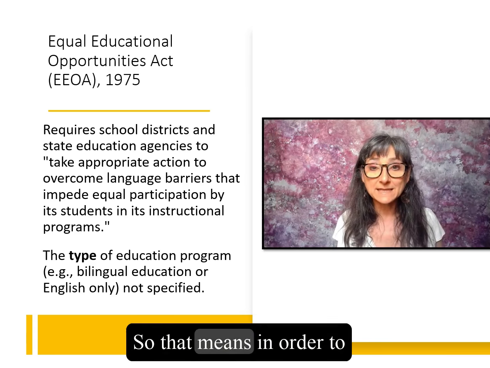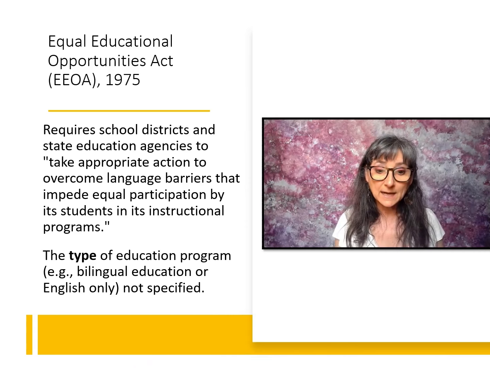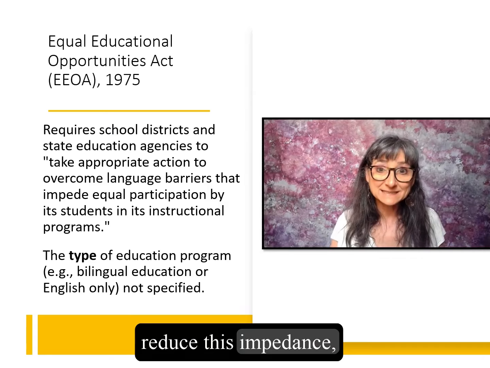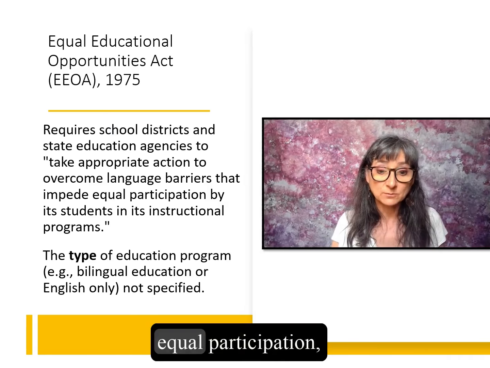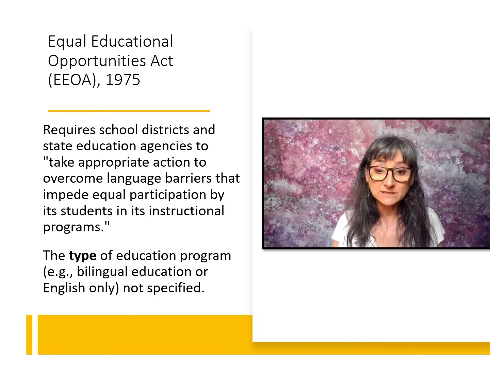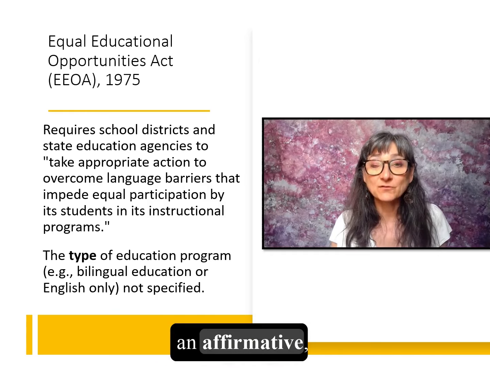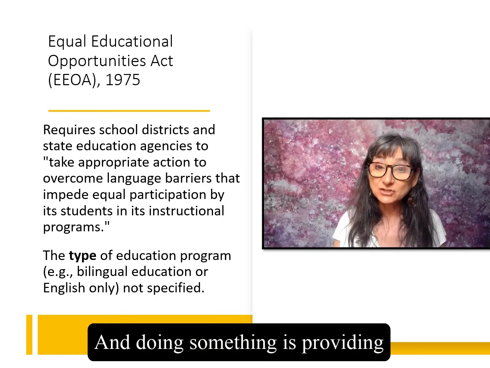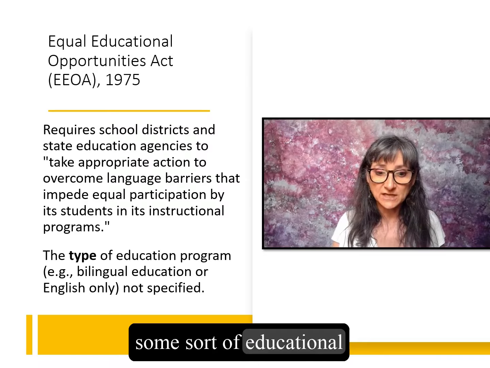So that means in order to reduce this impedance, in order to help students have equal participation, schools must take an affirmative, an active stance to do something. And doing something is providing some sort of educational program.